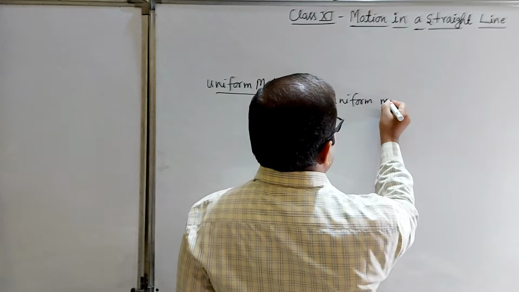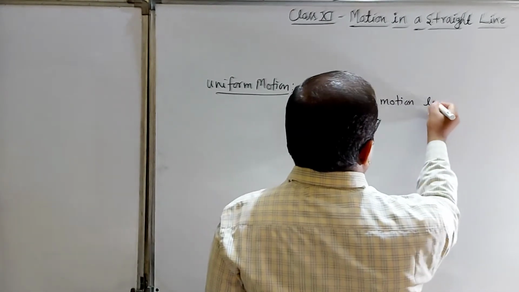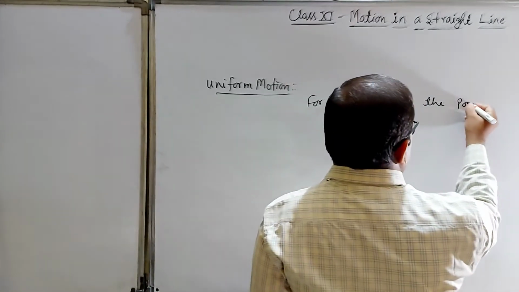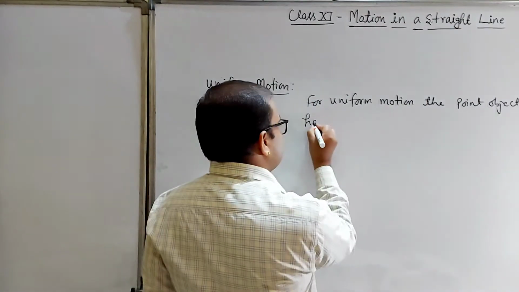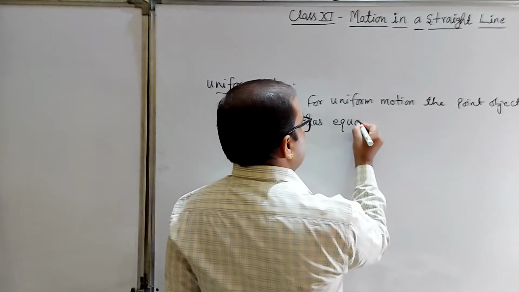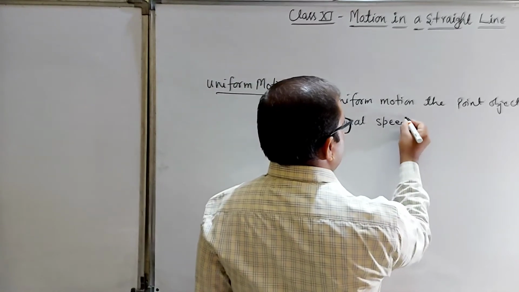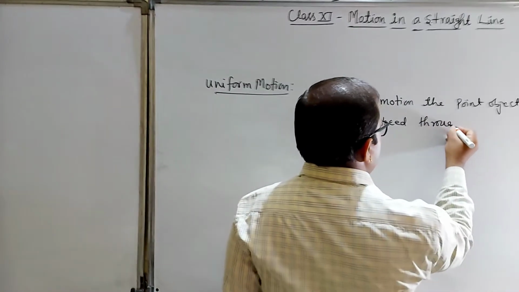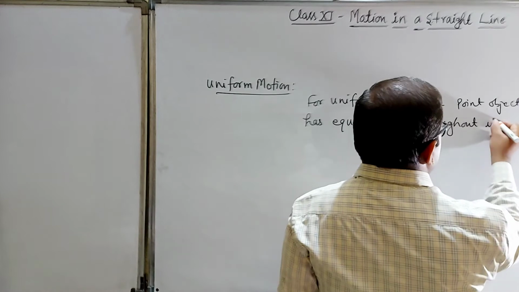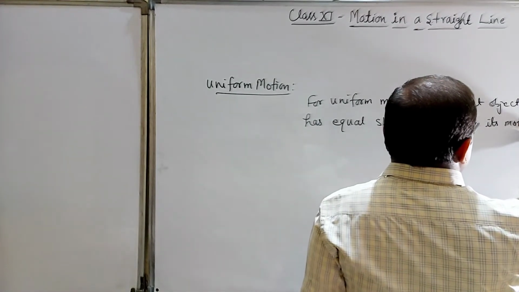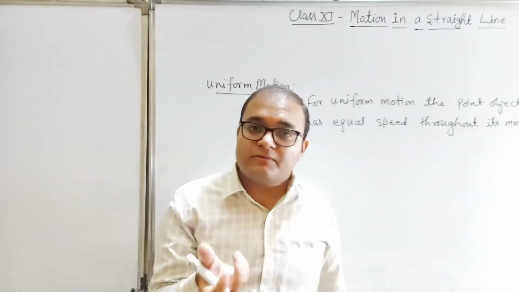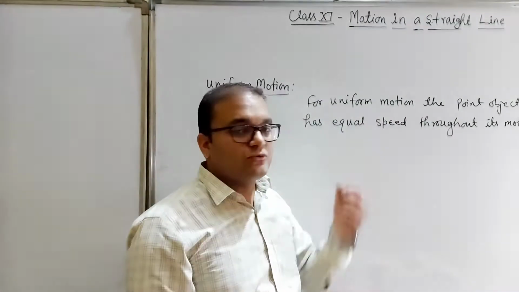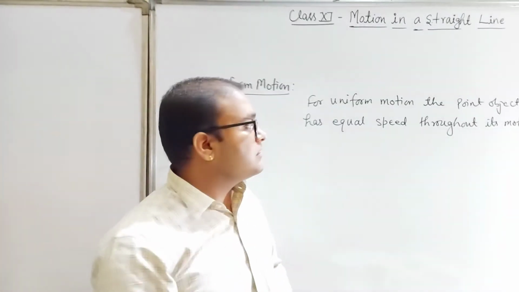Now, for uniform motion, some points are there. The point object has equal speed throughout its motion. If an object covers equal distance in equal intervals of time, it means its speed should be constant.